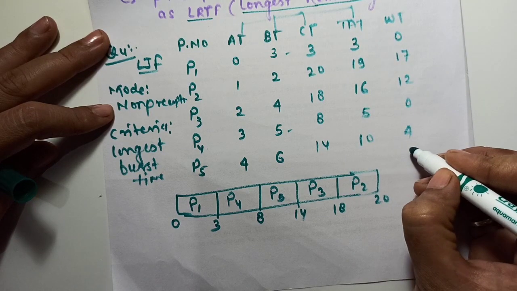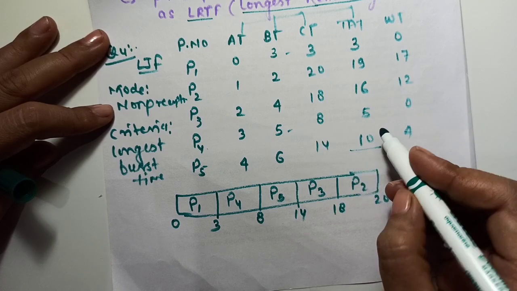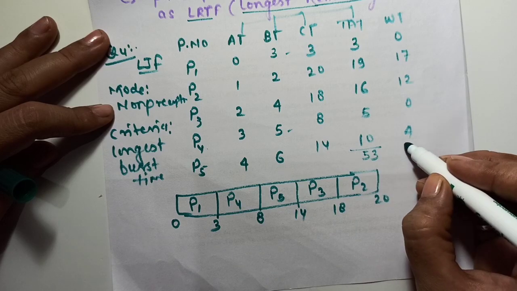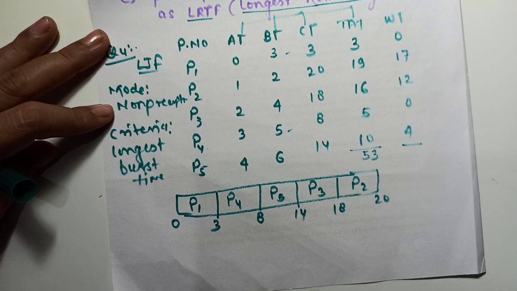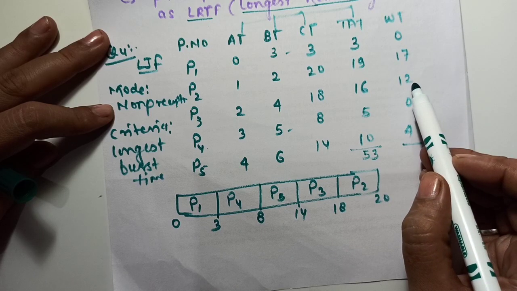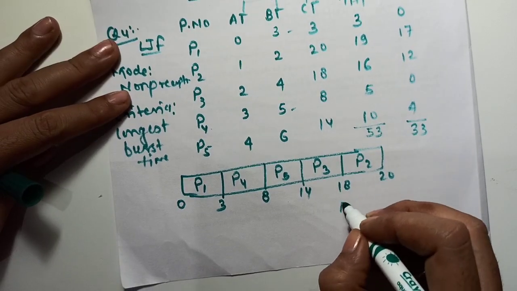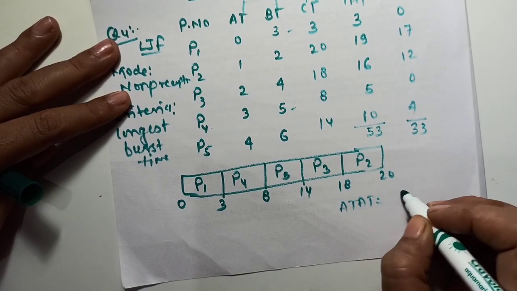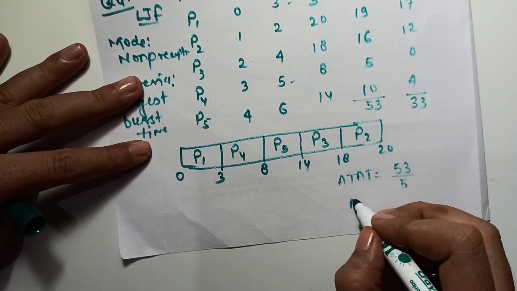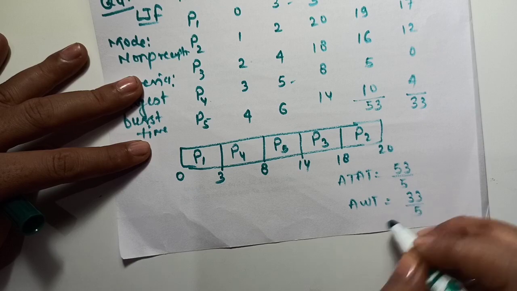What is the total turnaround time coming here? 53. And the total waiting time, 17 plus 4, 21, 23, 33. So the average turnaround time is 53 divided by 5, and the average waiting time is 33 divided by 5.